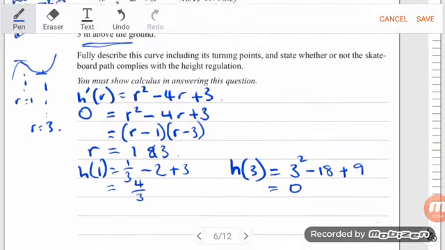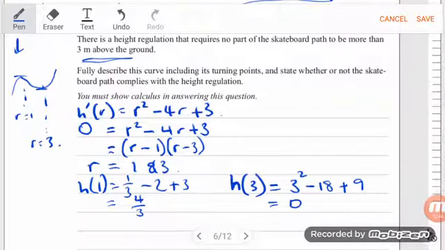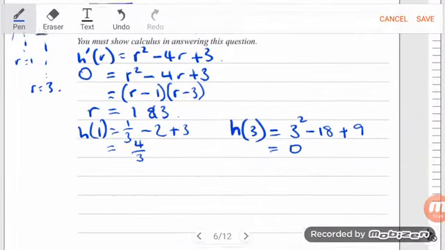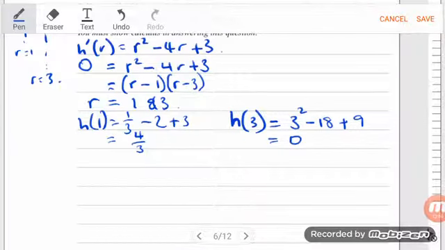Okay, at this point here, does that exceed 3 meters? No. So this is the local max, and it is smaller than 3 meters.